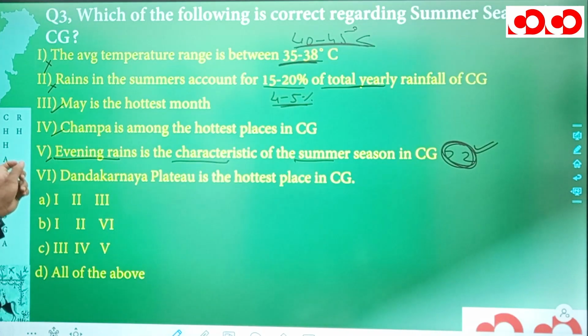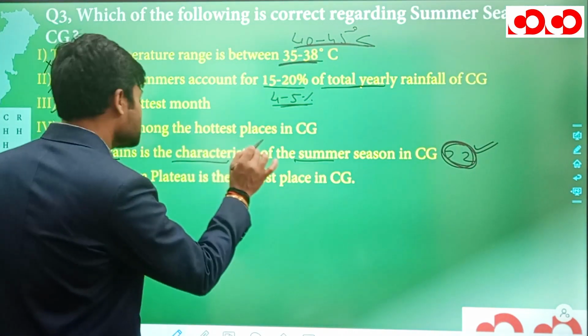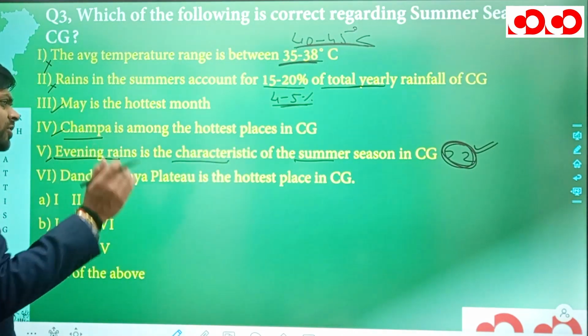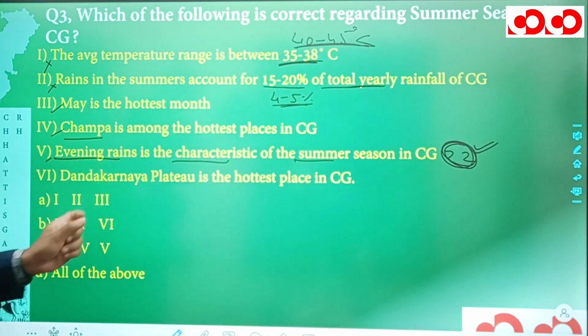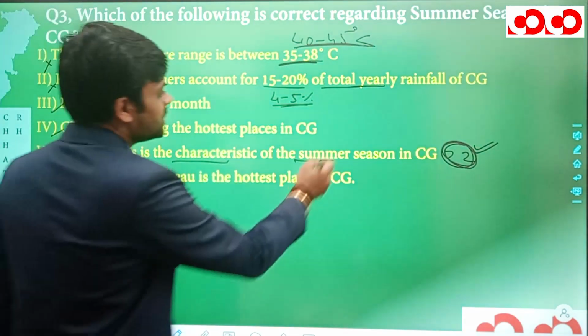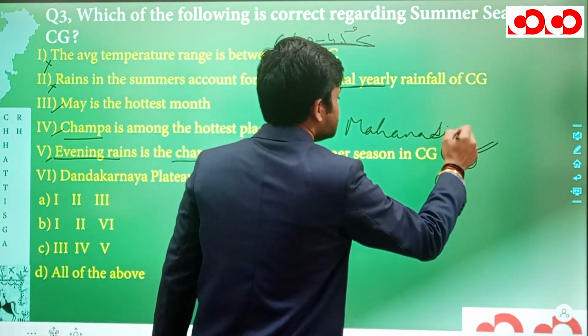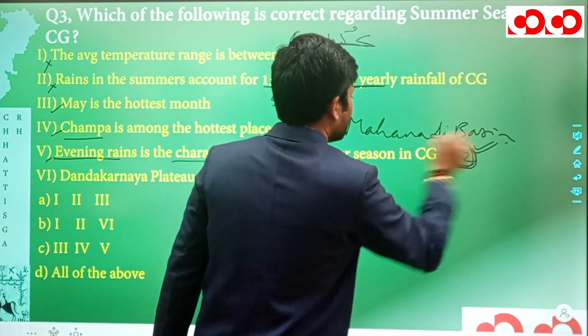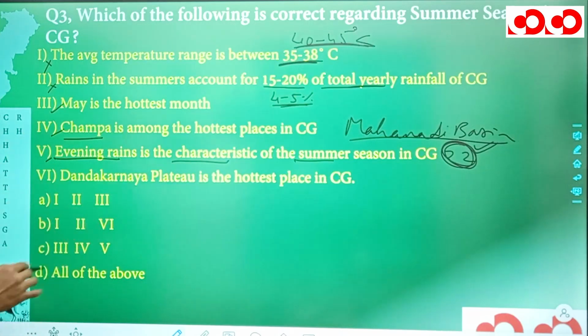Now statement 6 says Dandakaranya Plateau is the hottest place in Chhattisgarh. We have actually seen that Chapa is among the hottest places in Chhattisgarh, and many of the hottest places in Chhattisgarh, for example Chapa, for example Mana in Raipur, they all lie in the Mahanadi Basin and not Dandakaranya Plateau, and hence Dandakaranya Plateau cannot be the hottest place in Chhattisgarh.